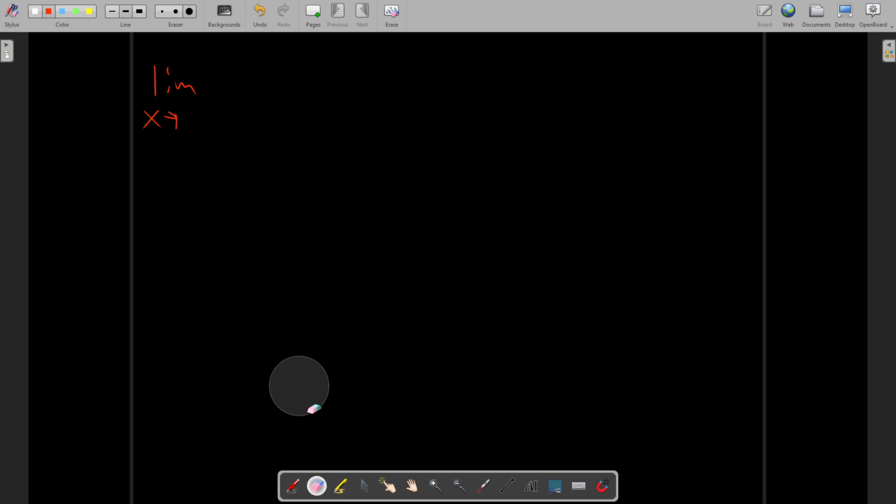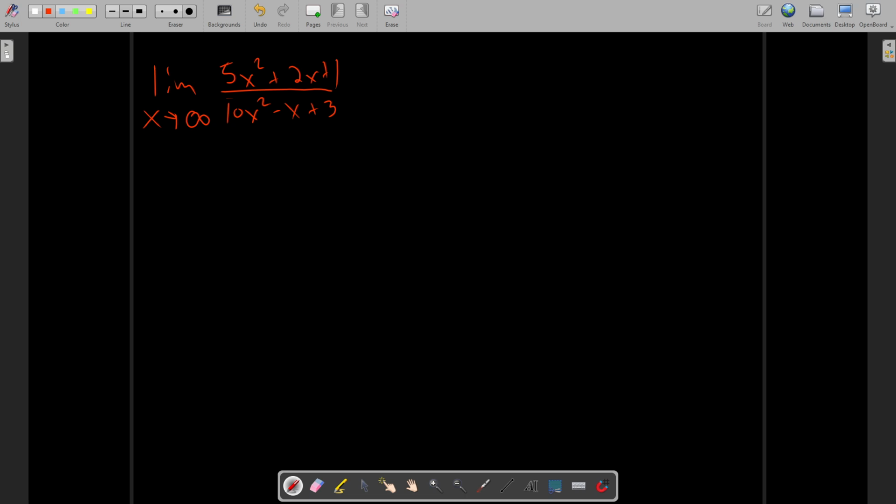Let me redo that. That's better, I guess. Of some random polynomial expression, we can just say 5x squared plus 2x plus 1 over another random one, like maybe 10x squared minus x plus 3.